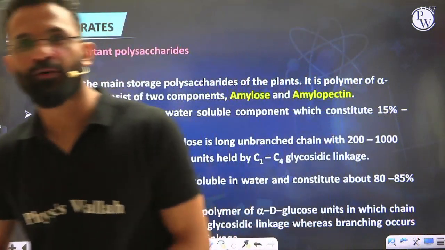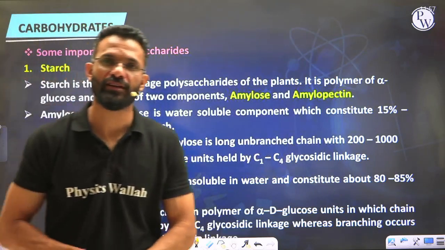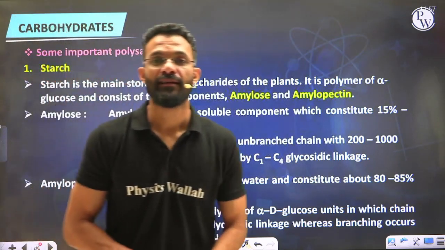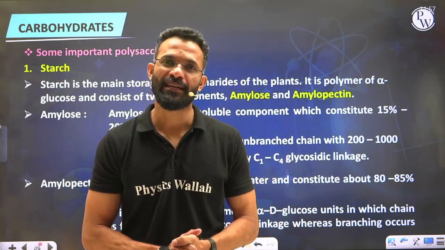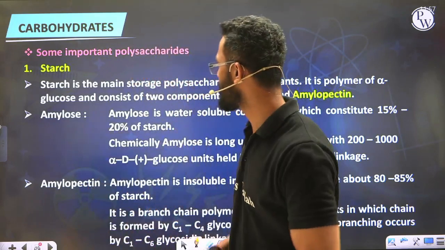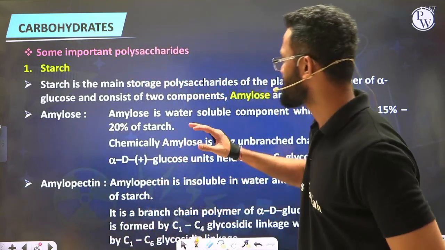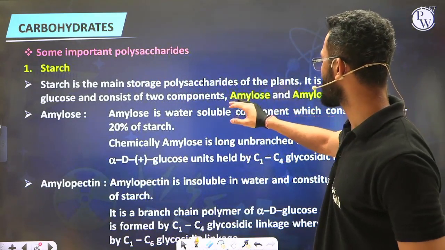So the first important polysaccharide that we have to learn is starch. We have seen how starch was useful for us to prepare glucose industrially. So starch basically consists of two important parts, that is what you call amylose and amylopectin. It is basically the main storage polysaccharide in plants.